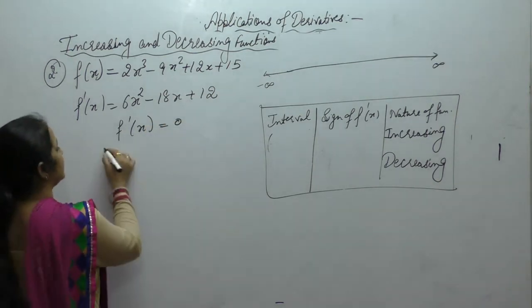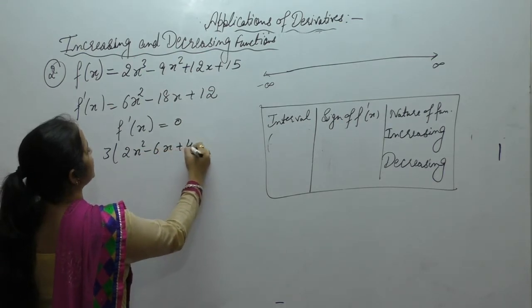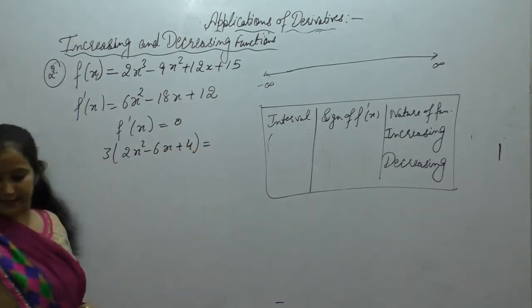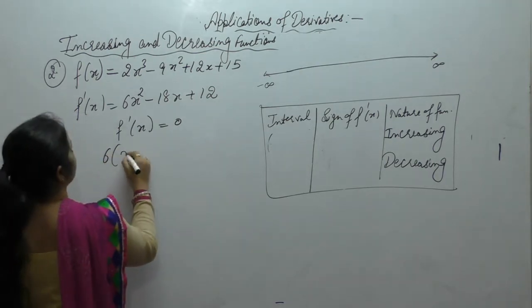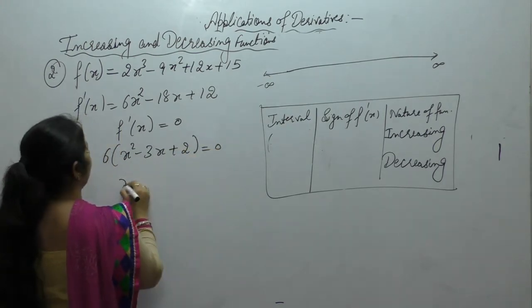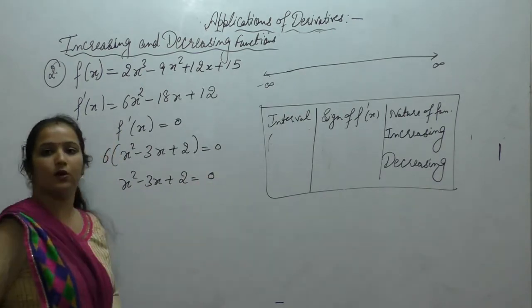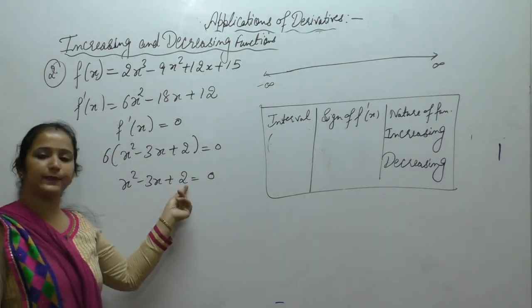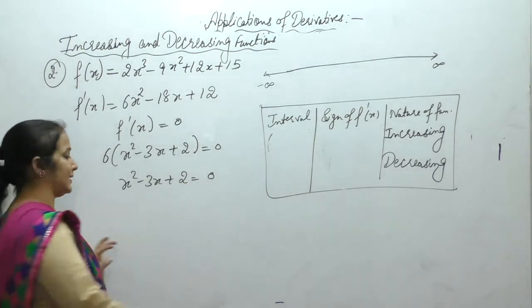Take 3 common. We can take 6 common also. So take 6 common here. So we get x square minus 3x plus 2 equals 0. Now factorize. On multiplication we want the term 2 and on adding, minus 3.